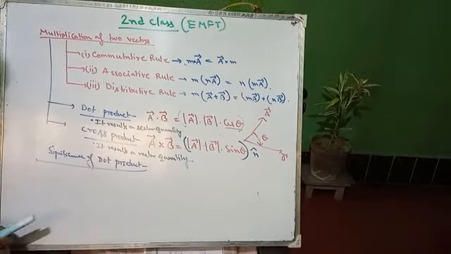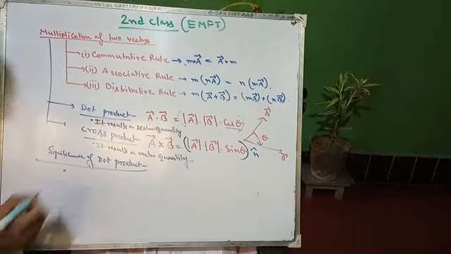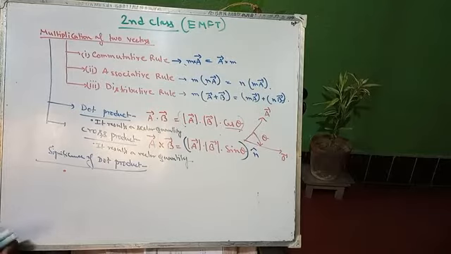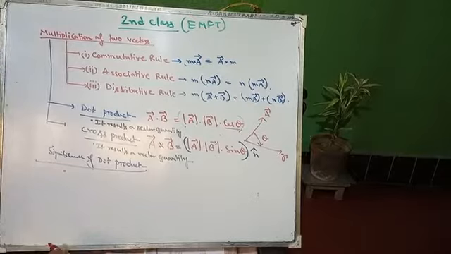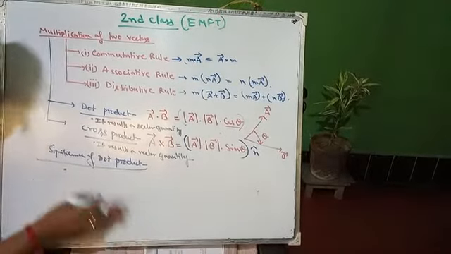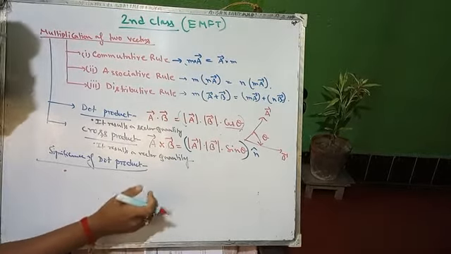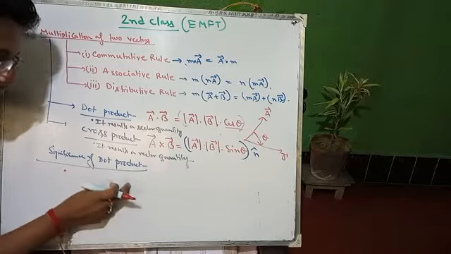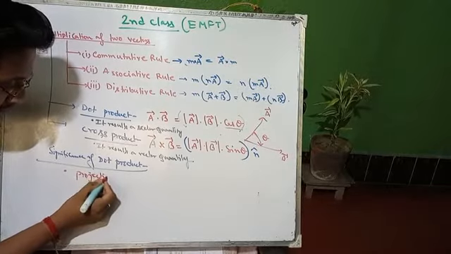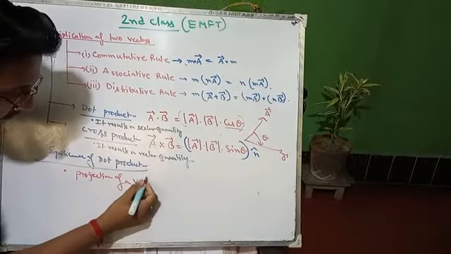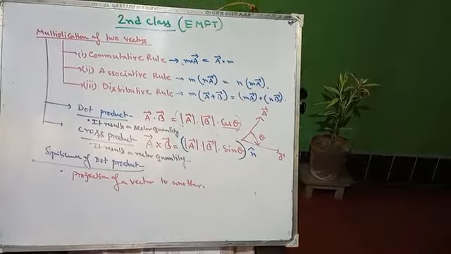The dot product signifies the projection of a vector over another vector.